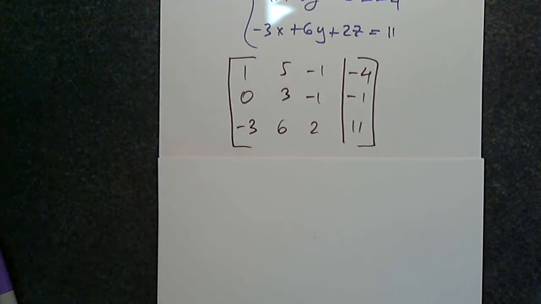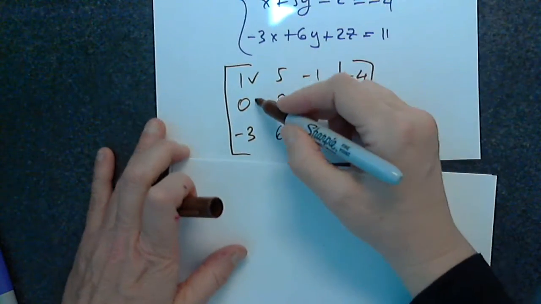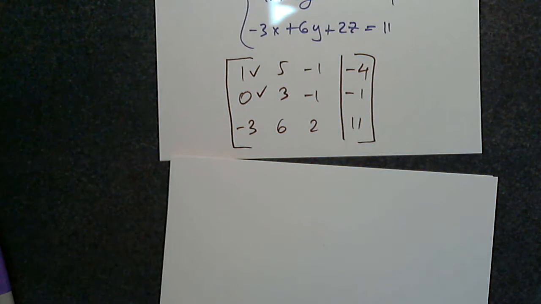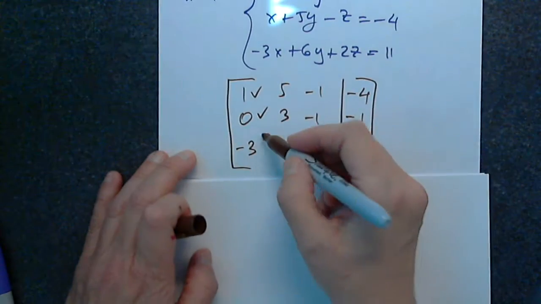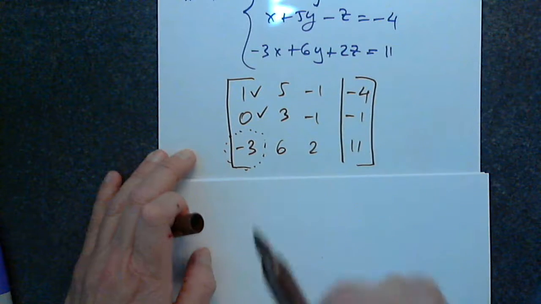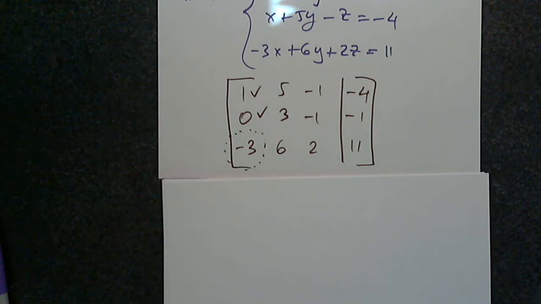I start the method from the very top, which I already have. Lucky me, I already have the 0. So at this point, I only need to get rid of this, which possibly makes it easier.